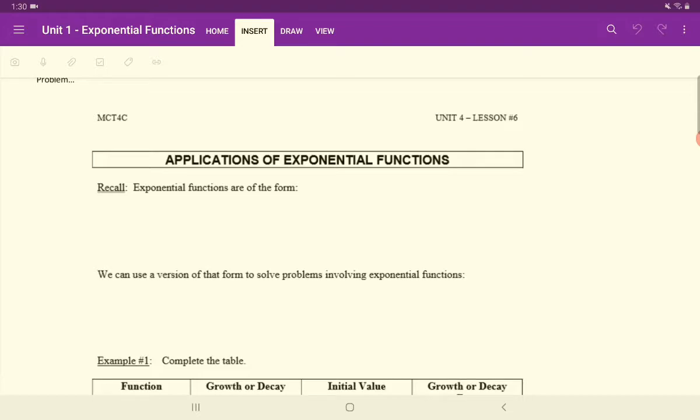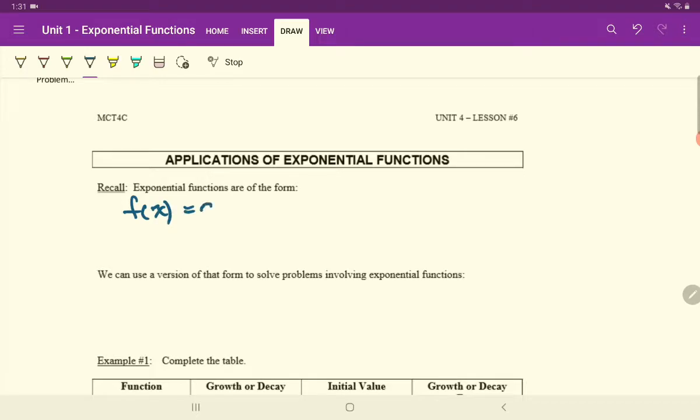Now, recall that our exponential functions that we deal with that are going to be part of these real-world applications are going to be of the following form. Okay, so they'll be of the form, we can use y or f of x equals a times b to the x, or y equals a times b to the x.